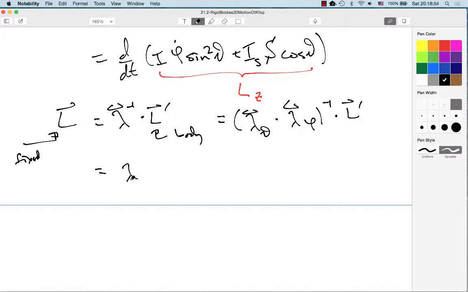So taking the inverse of that, that'll be lambda phi inverse dotted into lambda theta inverse, because remember you gotta flip the order, dotted into L prime.